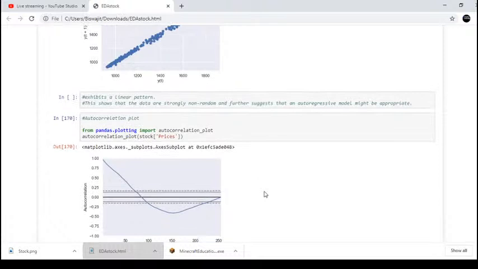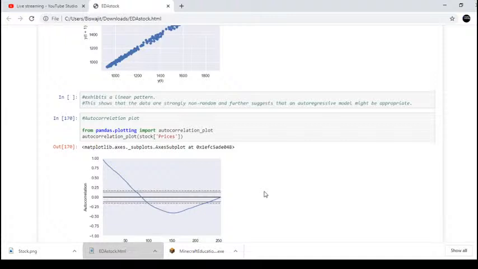And then the next thing that we're going to see is that we will plot an autocorrelation plot. It's also known as the ACF plot. The ACF plot is very important to also know if there exists some level of pattern in the data or if it's just random.